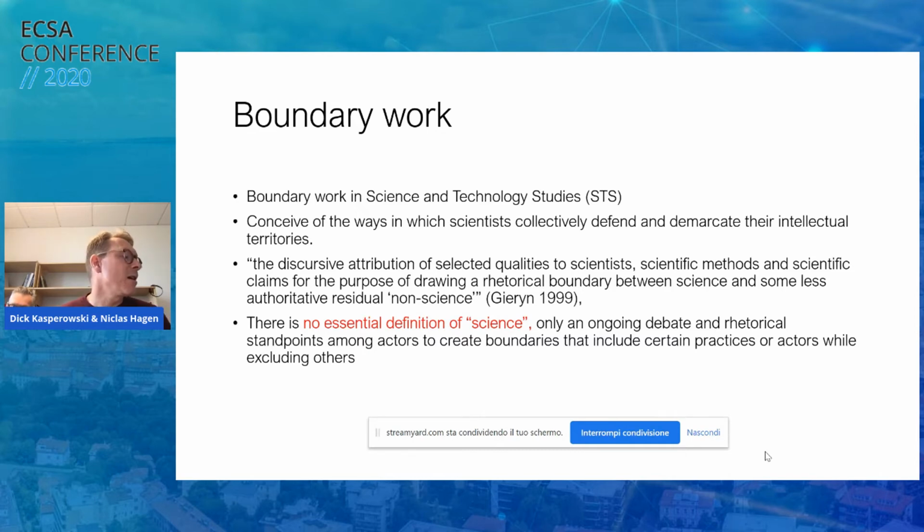That is, science and scientists are drawing a rhetorical boundary between science and non-science. Within these theoretical frameworks, there is no essential definition of science. What we can see is only an ongoing debate and rhetorical standpoints among actors to create boundaries that include certain practices or actors while excluding others. Next slide, please.